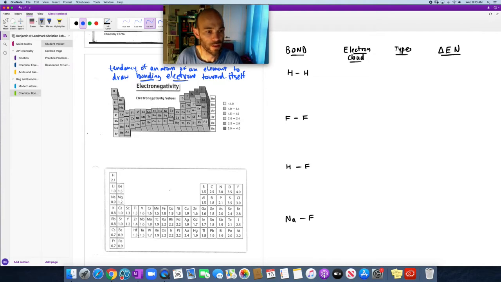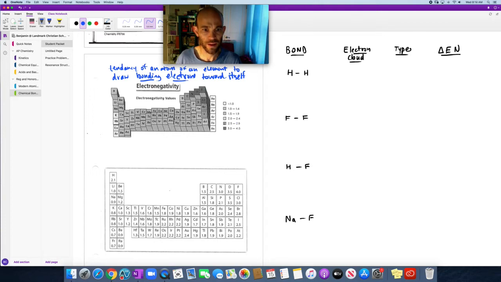When you look at this periodic table, the relative height of the columns of the elements here, it's sort of like a three-dimensional bar graph. The higher the column here, the more electronegative the element is.